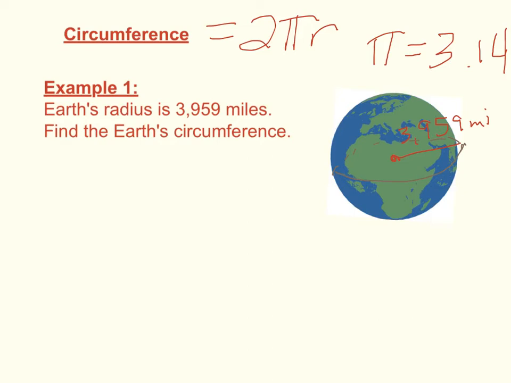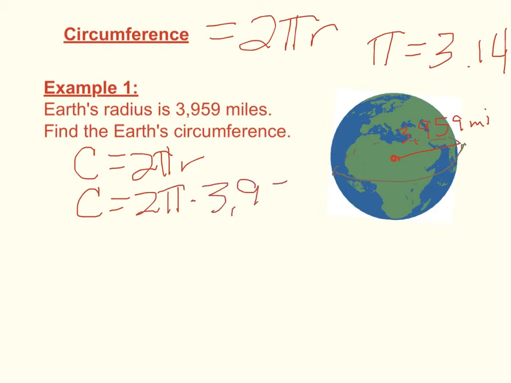Well, we know that c equals 2 pi r. Let's start there. Do I know my radius? Sure I do. They were nice enough to give that to me, 3,959 miles. Okay, so then all I have to do is take 2 times pi, we said we're approximating to 3.14, times 3,959. 2 times 3.14 times 3,959.